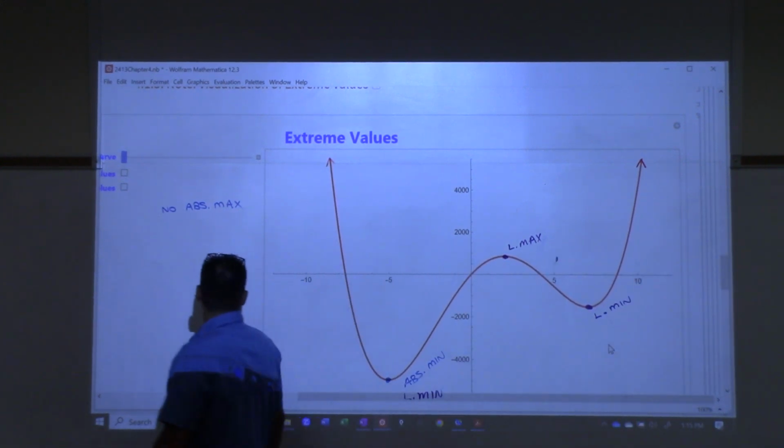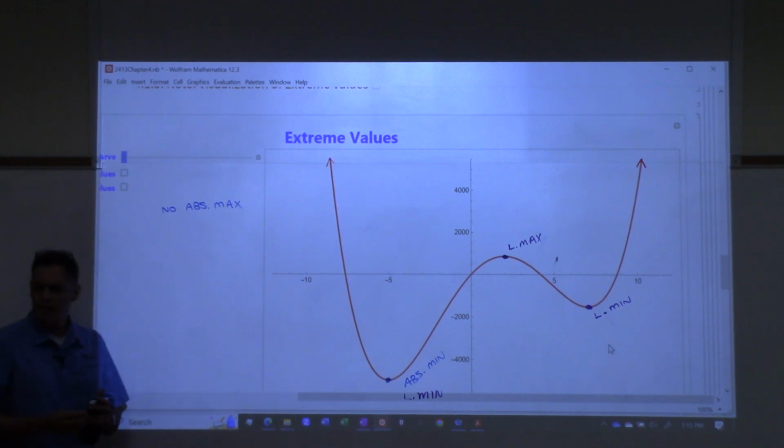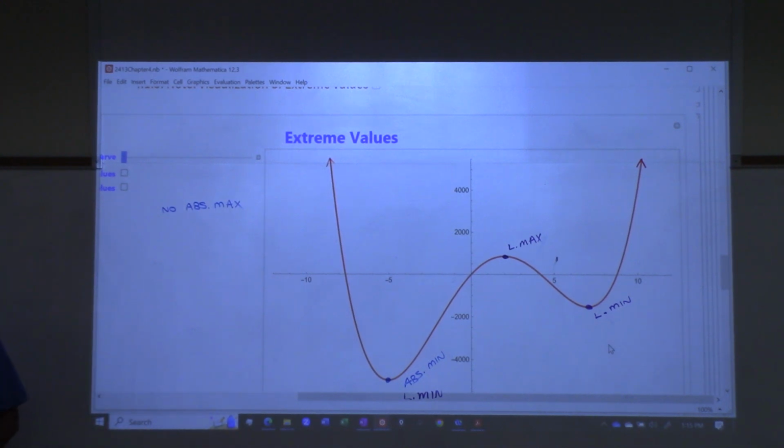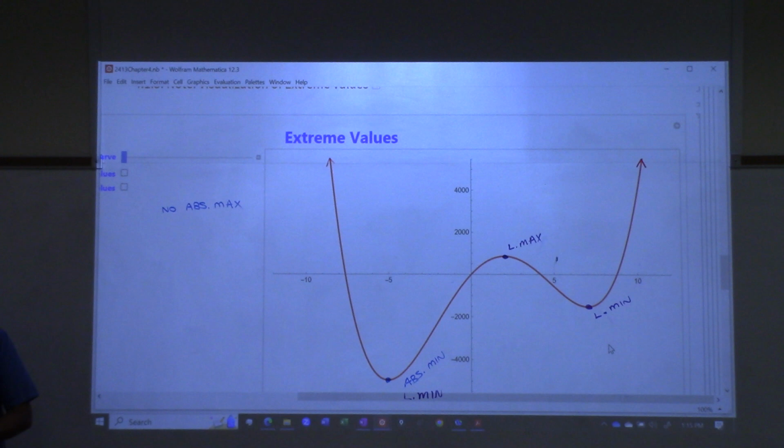Okay? Any questions? So every absolute is also going to be a local. What do y'all think? Yeah. If you're an absolute min, then it's got to be a local min. If you have an absolute max, it has to be a local max as well.